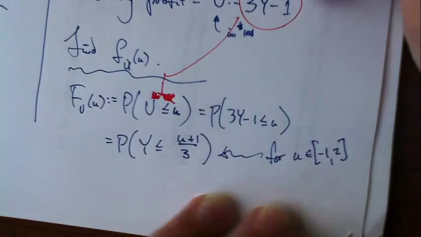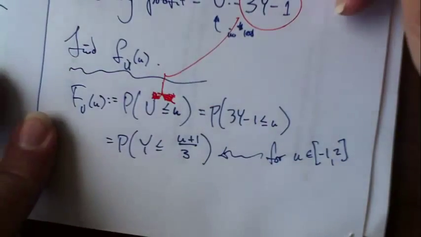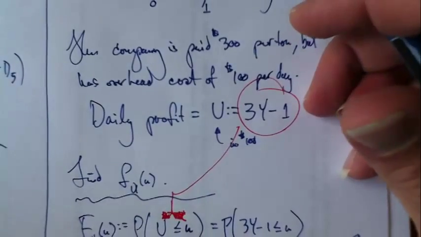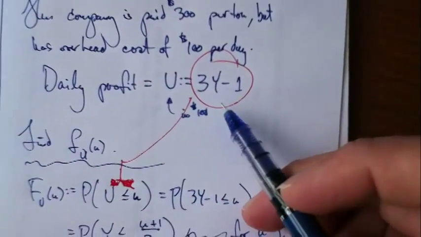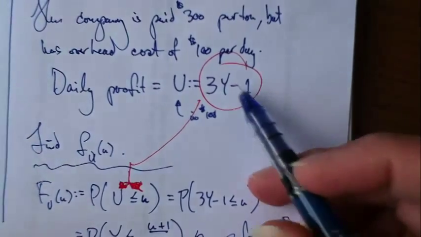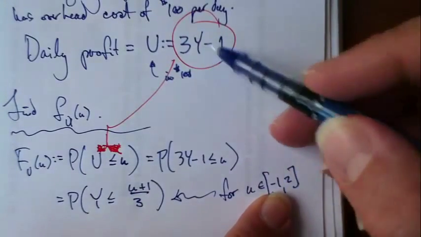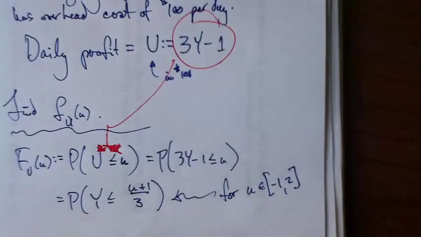Because y takes a value between 0 and 1. This is linear, so if I put in 0, I get -1. If I put in a 1 for y, I get 2.